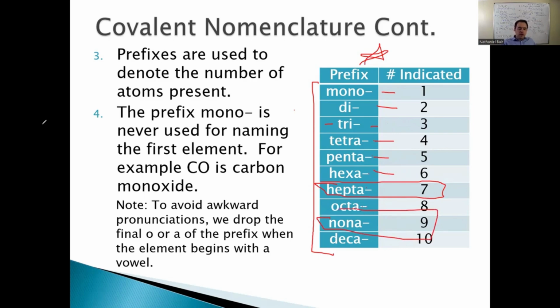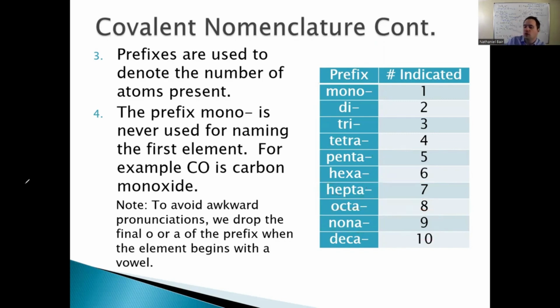Now we have some other little side notes here. Never use the prefix mono on the first element. And sometimes we drop a vowel. If our element starts with a vowel and our prefix ends with an A or O, you drop the A or O from the prefix.